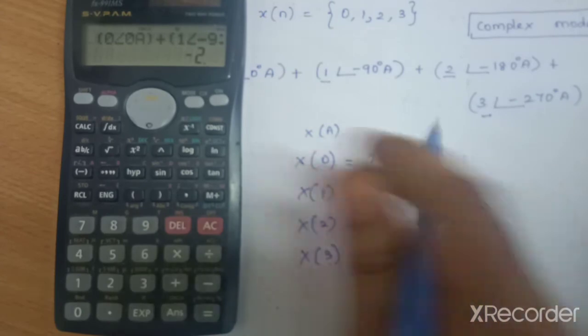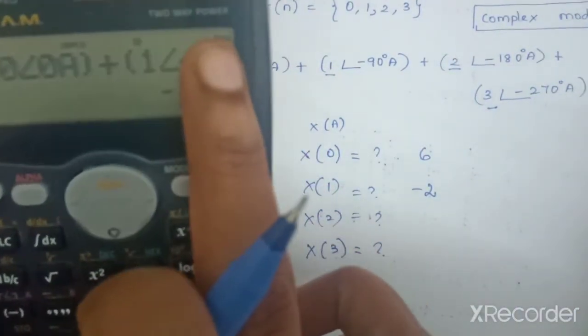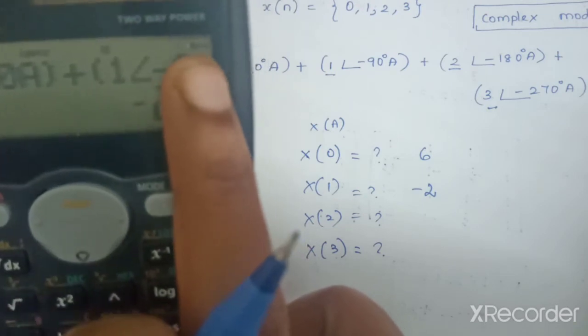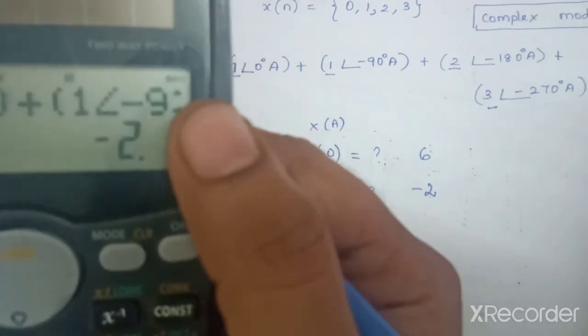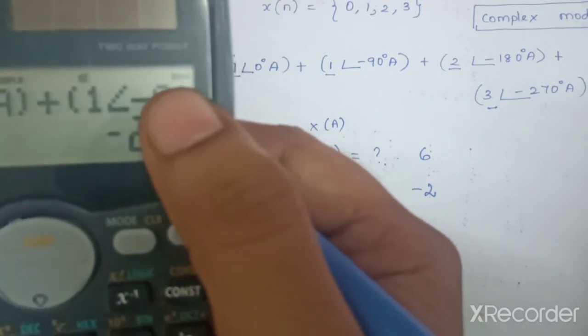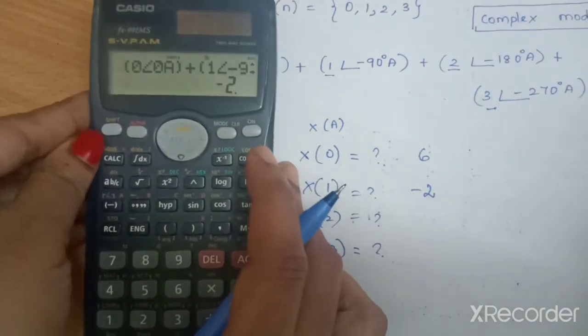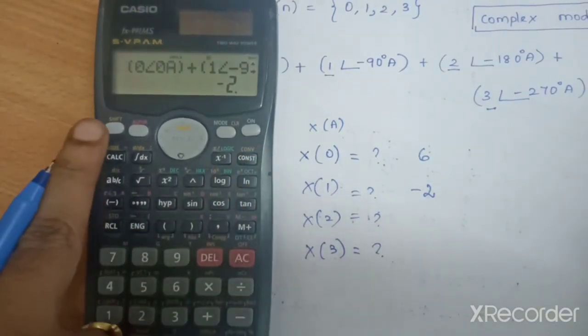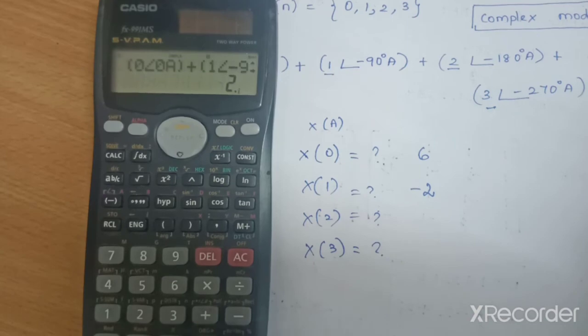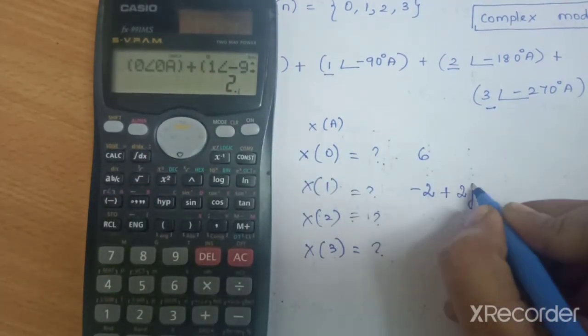Note that here we have a real and an imaginary part. The real and imaginary part will be displayed like this. This term represents that we have an imaginary part. For finding the imaginary part, we press Shift plus equal to. So the imaginary part will be plus 2j.